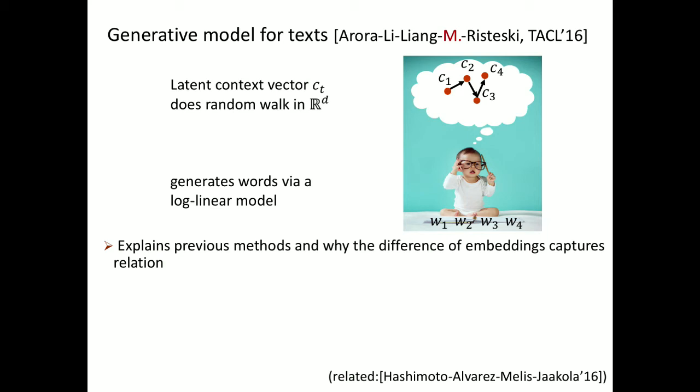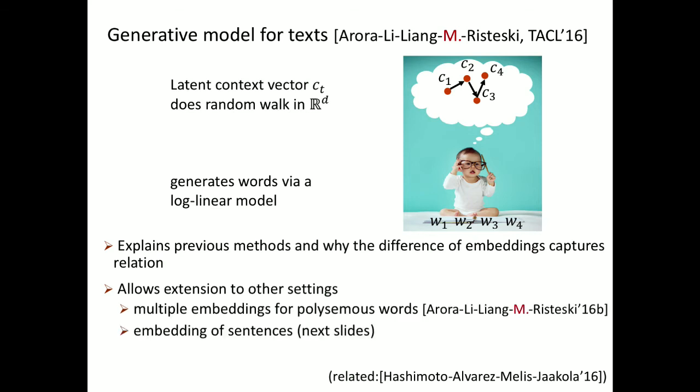And we can also explain why the difference of the embeddings captures relations. Besides explanation, what I'm very excited about is that it also allows extensions to other settings. For example, we can extend this to multiple embeddings for polysemous words with multiple meanings. And we can also extend it to embeddings of sentences, which I'm going to discuss briefly in the next slide.